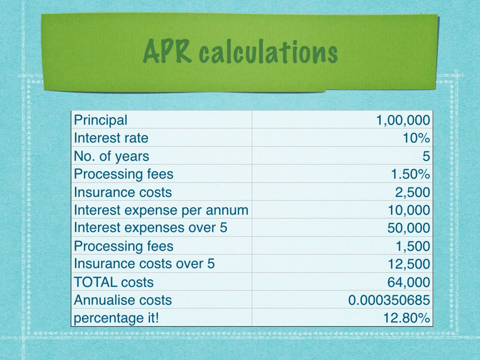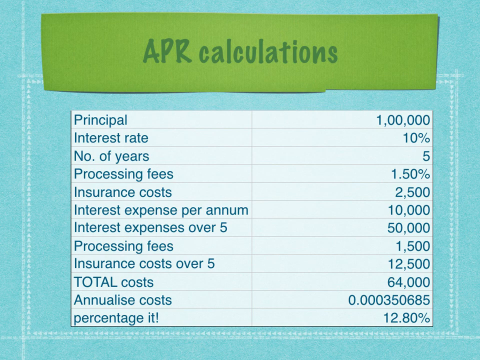Step 1. Interest expense per annum is 10,000. How did we get 10,000? 1 lakh multiplied by 10%. What is the interest expenditure over 5 years? The interest expenditure over 5 years is 10,000 multiplied by 5, which gives us 50,000.